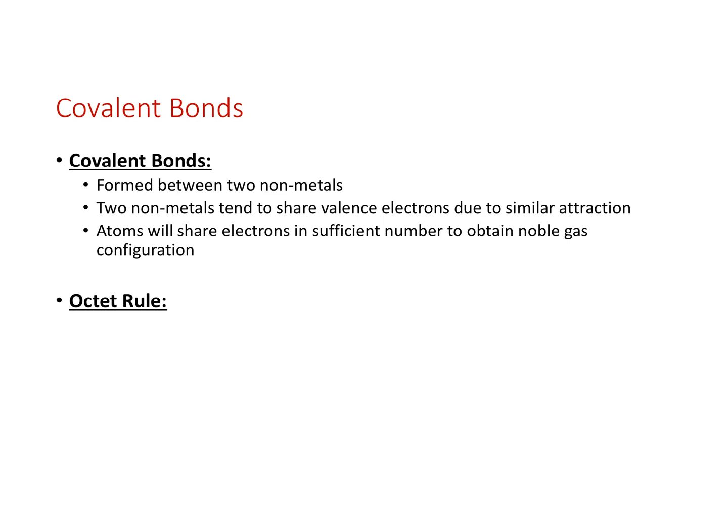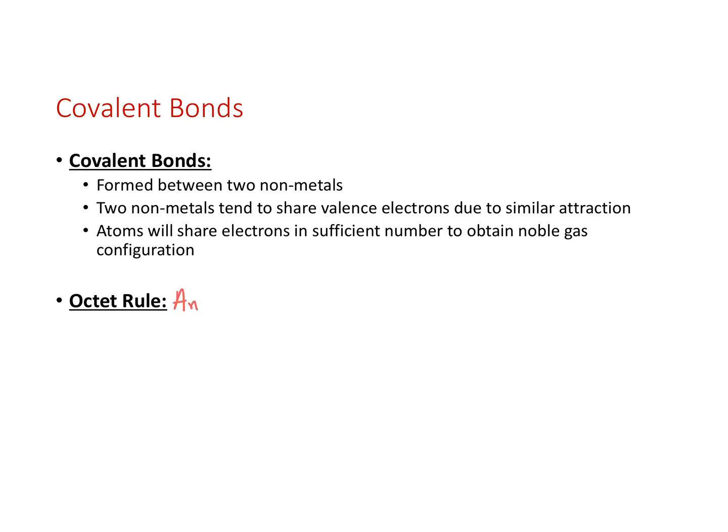That being said, we can still use Lewis dot diagrams to think about how many electrons those nonmetals need to share, because they're going to share enough electrons to still obtain the noble gas configuration. And that's essentially the octet rule: an element's going to form a covalent bond in a way to share enough electrons to obtain a full outer shell, a noble gas configuration.